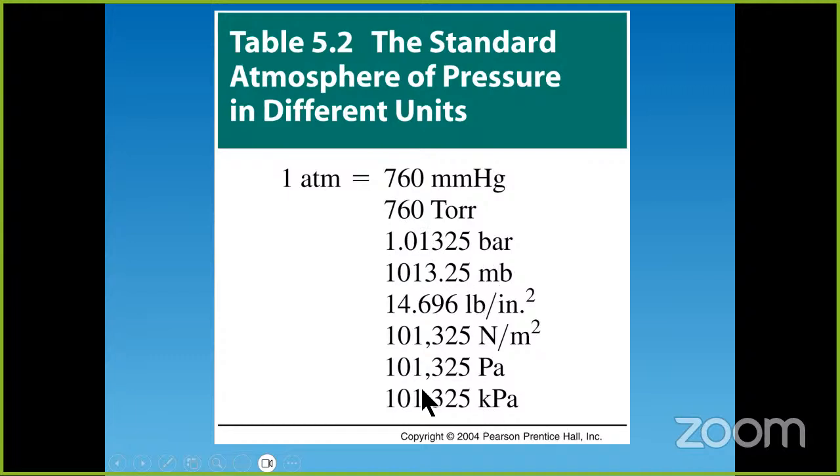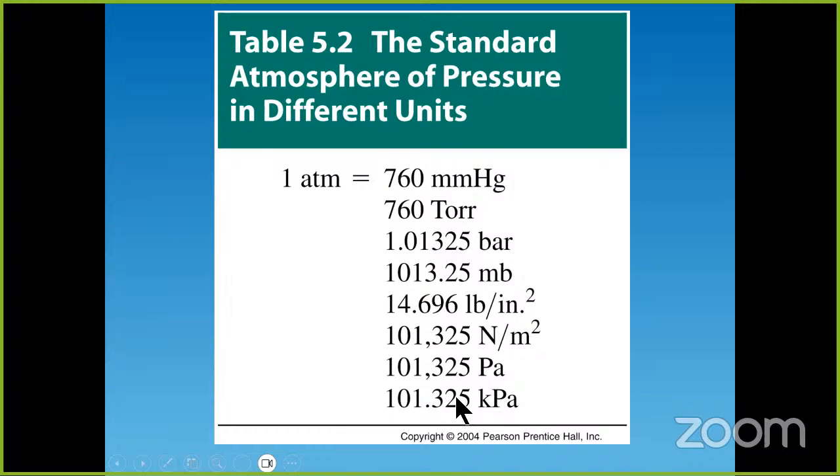And then we have some others here. I don't anticipate us using this value, or this value. But here we have 1 atmosphere is equal to 101,325 newtons per meter squared. And remember, I said that the newtons per meter squared unit is the same thing as a Pascal unit, so these two are equal to each other. But this one is most commonly used, kilopascal, right?